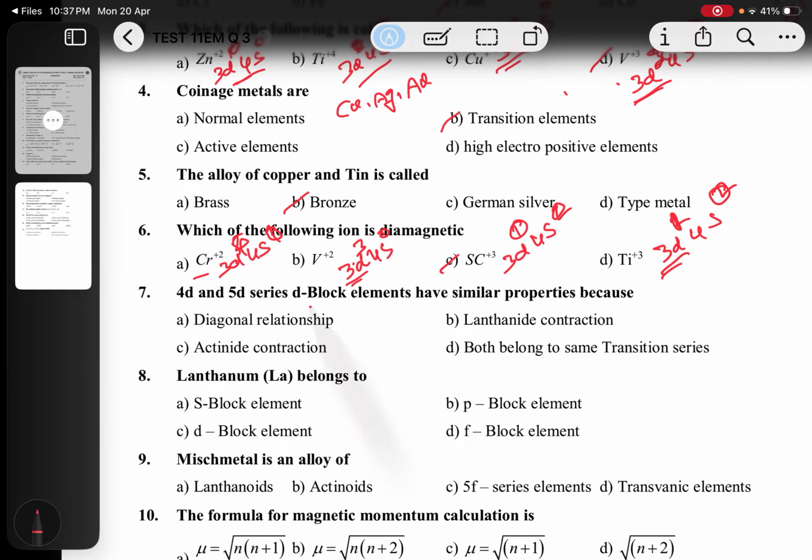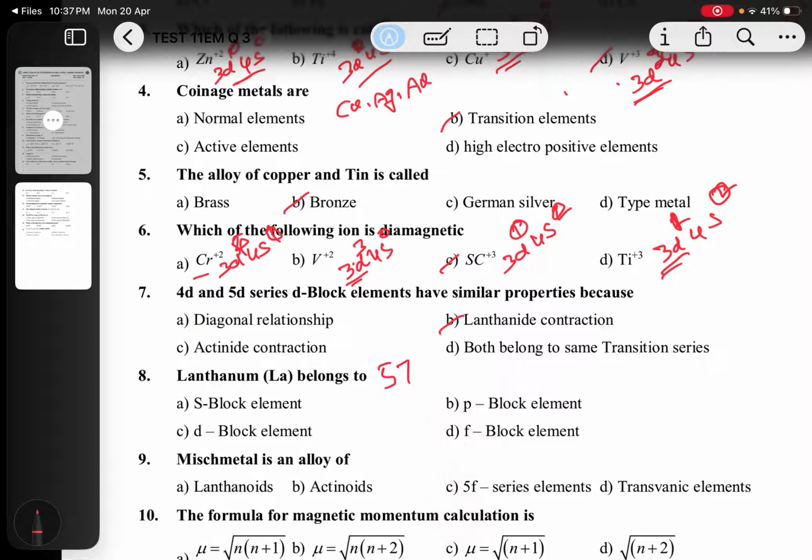4d and 5d series d block elements have similar properties because of lanthanide contraction, that is similar atomic radii. Lanthanum atomic number is 57.